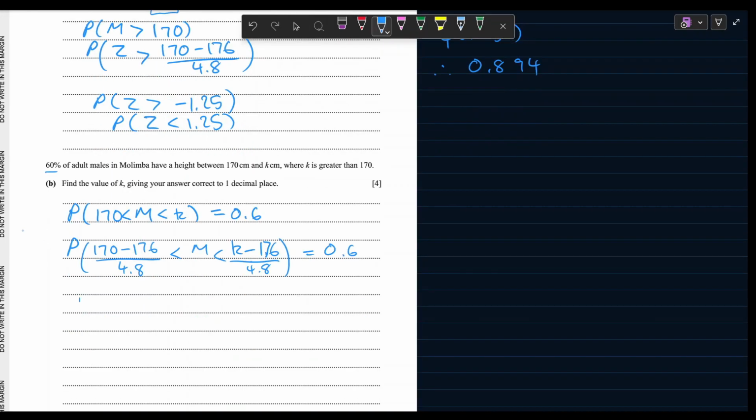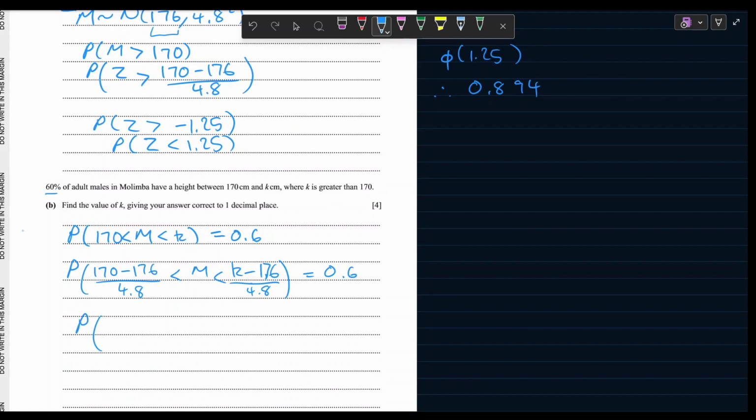So this is the probability that, let's simplify that. That's 170 minus, oh, we did simplify that. We get negative 1.25. So negative 1.25 is less than M, and this is less than, I'm just going to represent this as Z1, so that this is more readable. This is equal to 0.6. Because we have standardized, we should have this as Z, not as N.